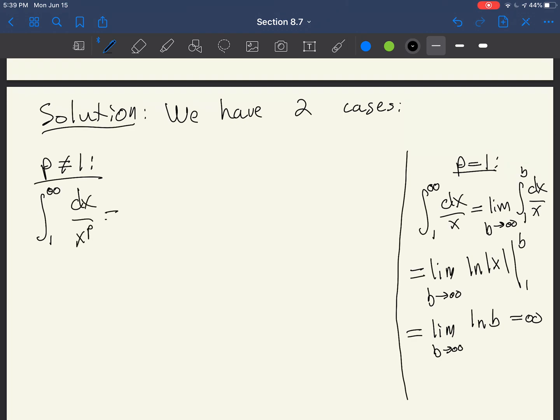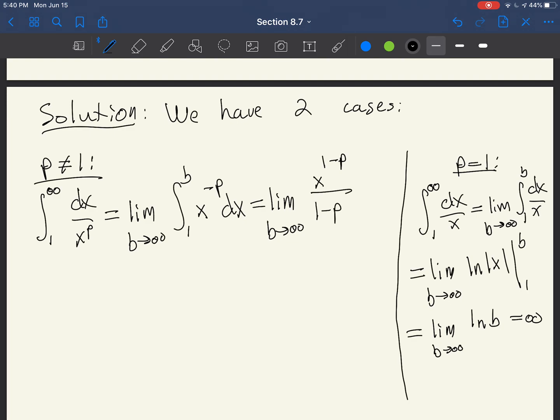So now we do p not equal to 1. So we have the integral from 1 to infinity of dx over x to the p. By definition, this is the limit as b goes to infinity of the integral from 1 to b, and we can write 1 over x to the p as x to the negative p dx. This is the limit as b goes to infinity of add 1 to the exponent, so that's x to the 1 minus p, divided by 1 minus p, divided by the exponent, evaluated from 1 to b.